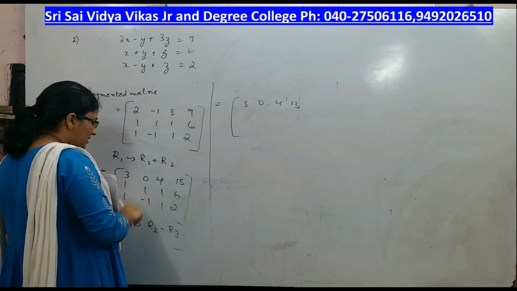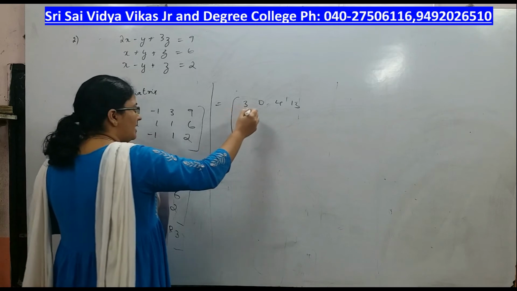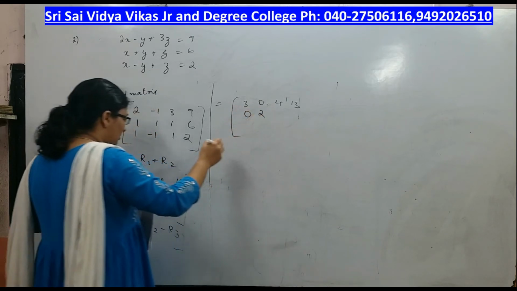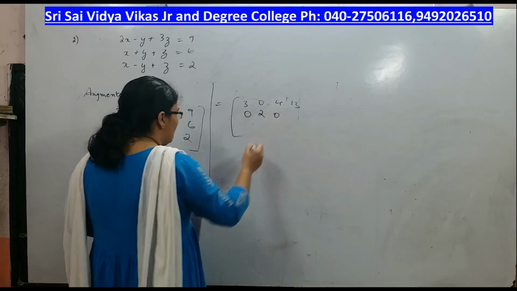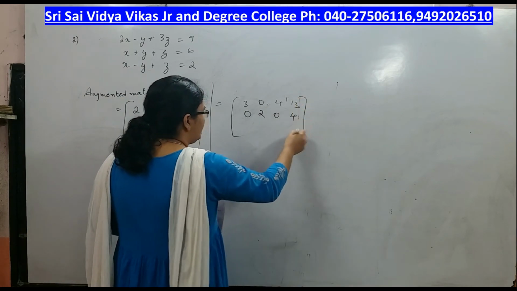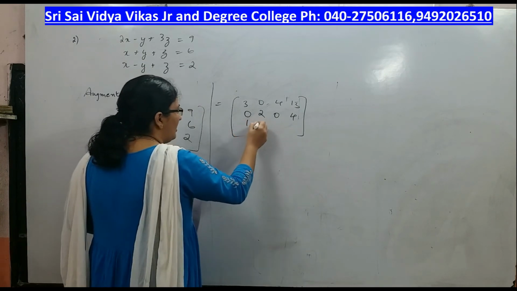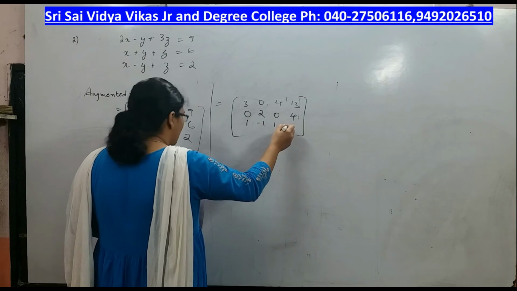R2 changes to R2 minus R3: 0, 1 minus of minus 1, this will become 2. Here you get 0. 6 minus 2, here you get 4. Then you have 1, minus 1, 1, 2.